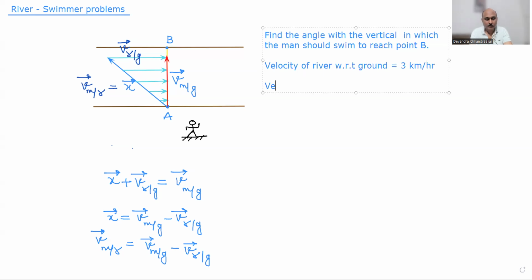And velocity of man in still water is equal to 4 kilometers per hour.